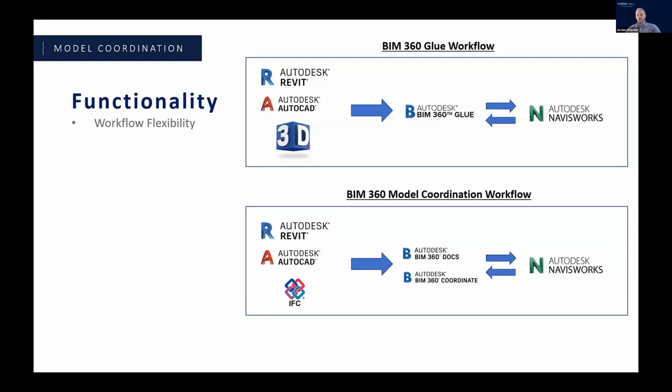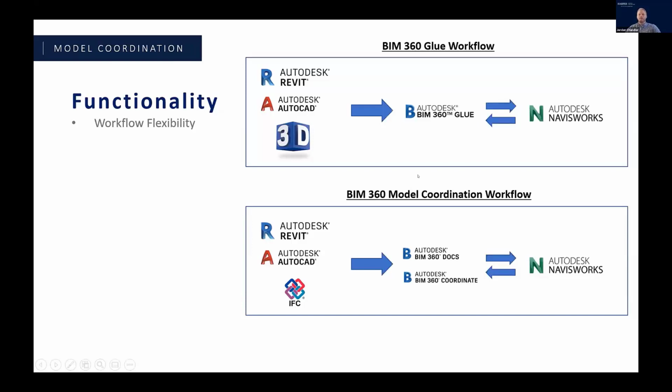Model coordination from a BIM 360 perspective gives you a lot of flexibility. So we'll try to give you an example of that. You can set it up so that it virtually mimics the Glue workflow. If your team maybe isn't working inside of BIM 360 or you've got a different file exchange, for example, you could set up a coordination space inside of BIM 360 and simply have your collaborators upload or publish their data to that folder, similar to how they would push up to Glue.